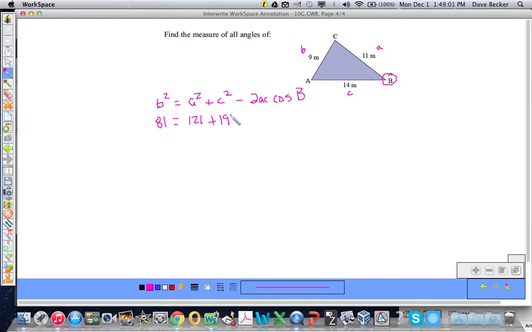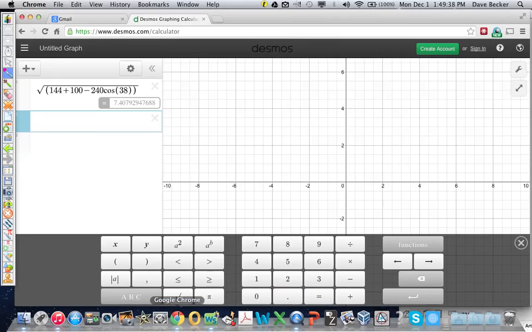I will tell you that's 196, minus 2 times a times 11 times c, which is 14, times the cosine of angle B. So 81 is going to equal 121 plus 196, which is 317, minus, I'm going to do 2 times 11 times 14 real quick, 308.